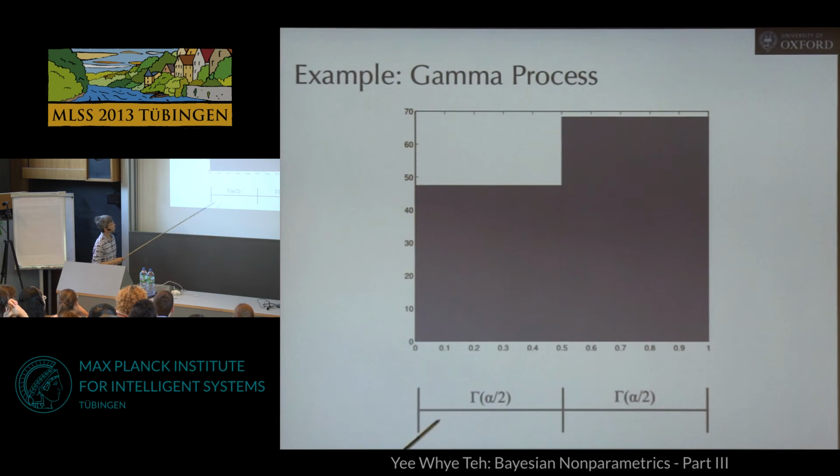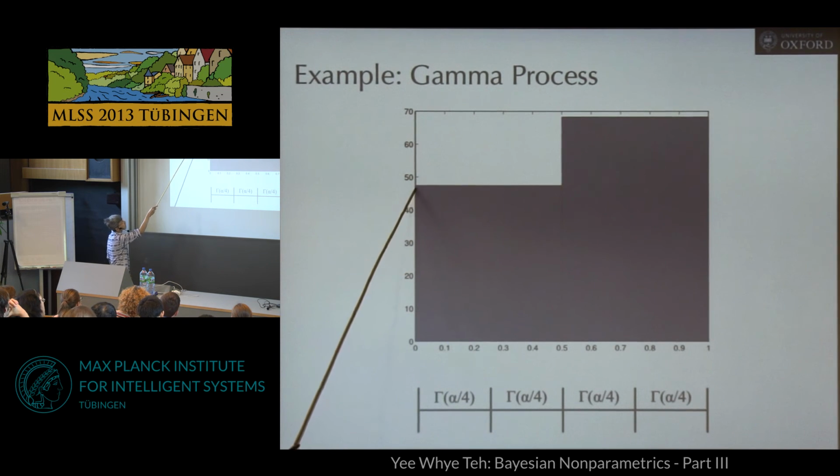And we're going to keep on splitting. The total mass in here is that quantity, and the total mass in here is that quantity. Next, let's take this interval, split it into two, and decide how much mass is in this interval versus that interval, making sure the sum of the masses here has to be the original mass up here.